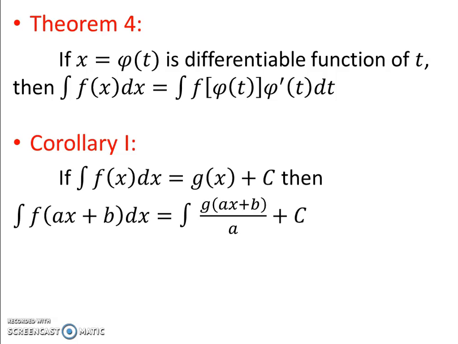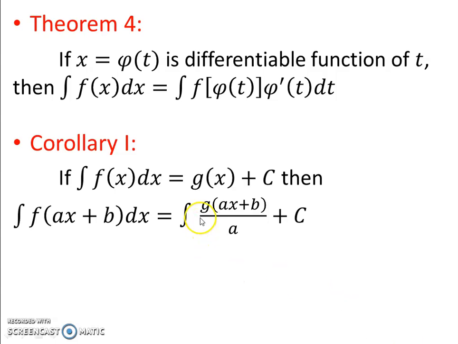So, some corollaries. We have seen one remark in the previous lecture. Corollary number 1 is the same one. If integration f of x dx equals g of x plus c, then integration f of ax plus b dx is equal to g of ax plus b divided by a.